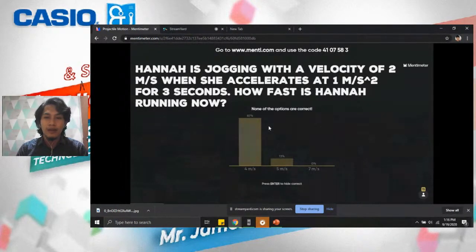So 1 meter per second square times 3 plus 2 meter per second. So, the correct answer is actually 5. Okay? Tama. 1 times 3 is 3 plus 2. So, 5 meter per second. Sige. Next po.